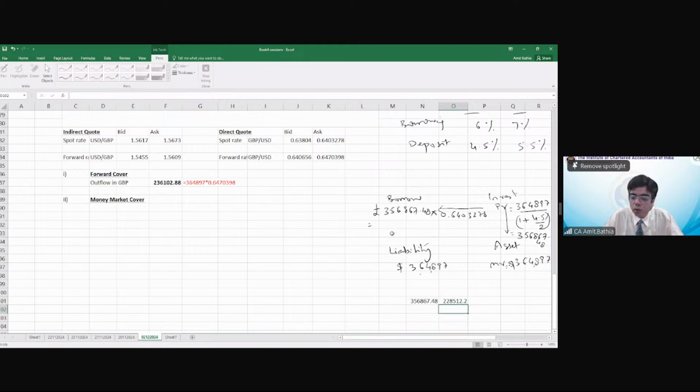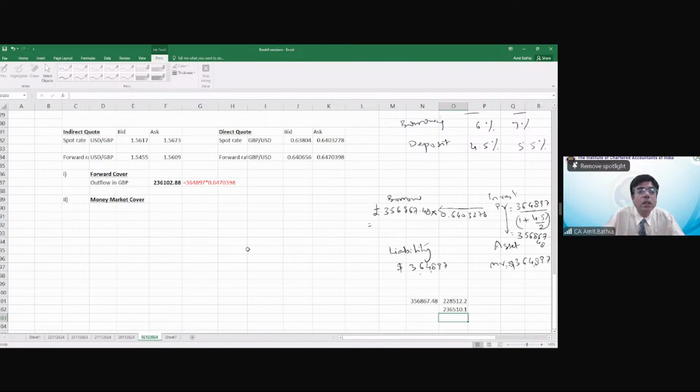And then on that I will have to pay interest. Interest at what rate? Borrowing in UK is at 7%. 1 plus 7% for the entire year, so for 6 months it is divided by 2, right? So that comes to 236,510, right?